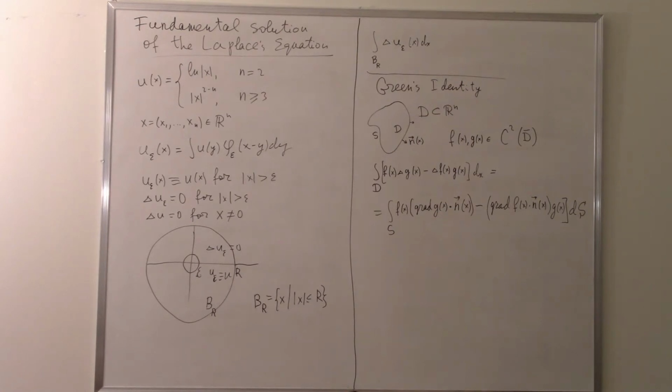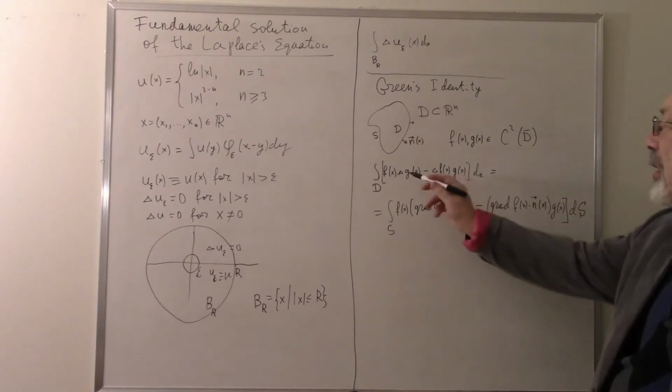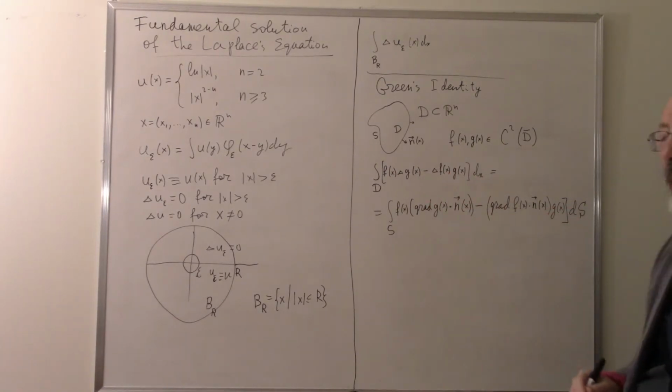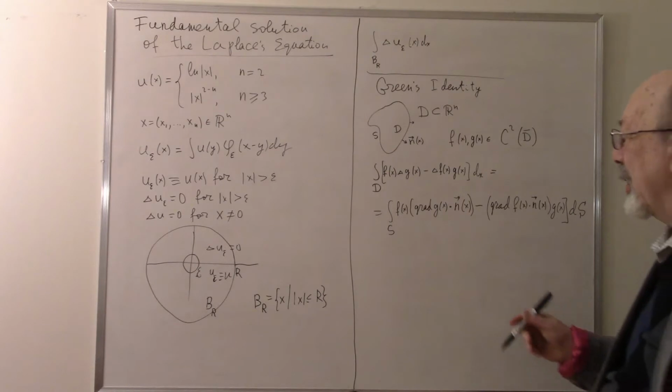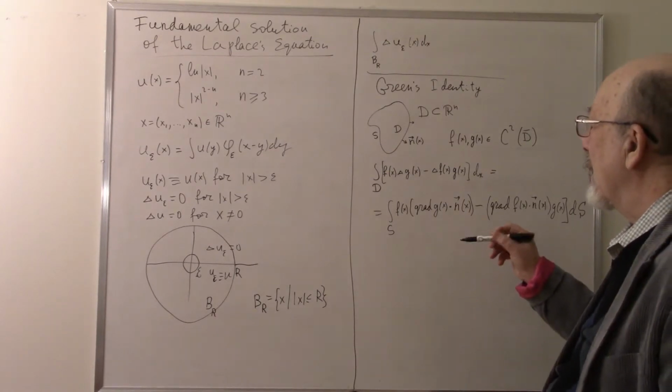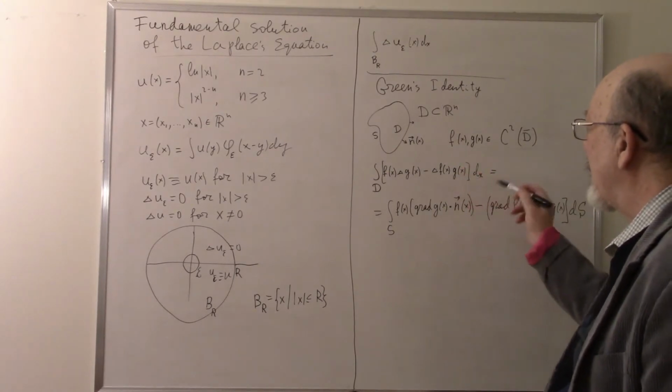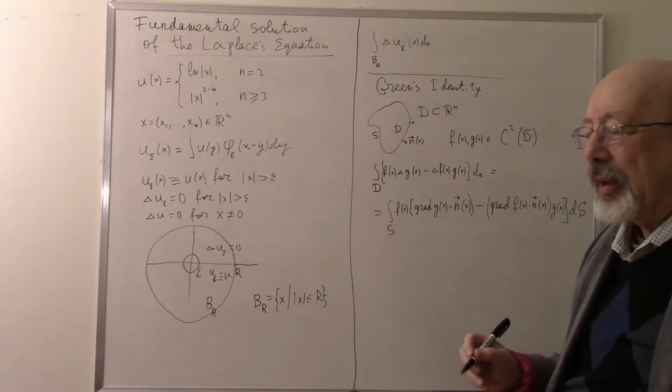So this is the general Green's identity. For any two functions we have this. In fact, it is a result of integration by parts. I explained it in a separate lecture, so I just take this result.